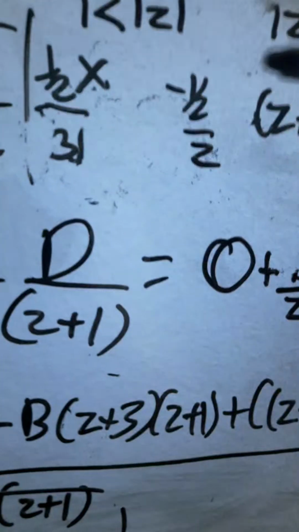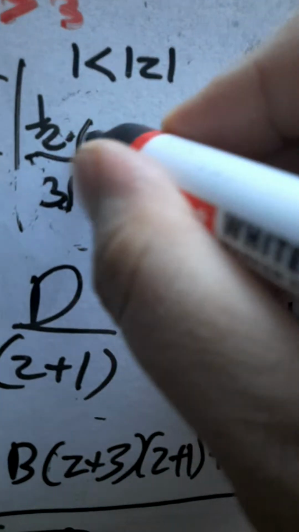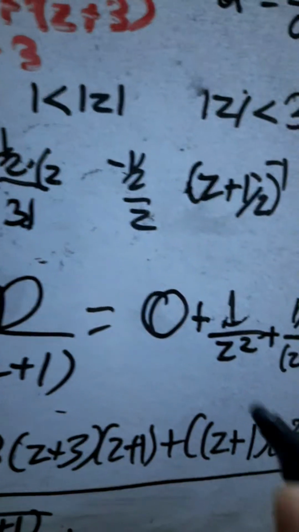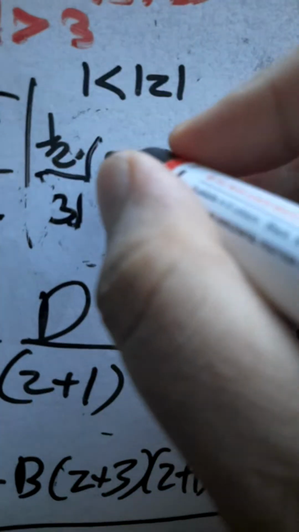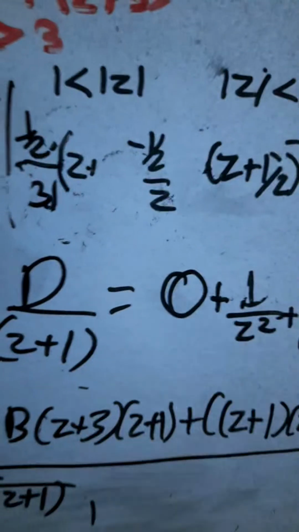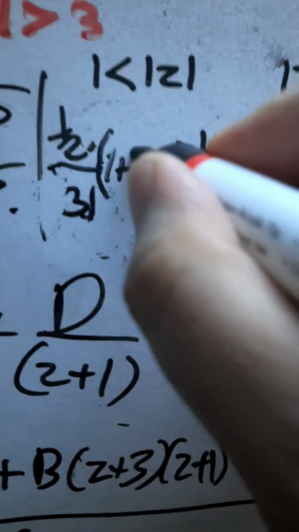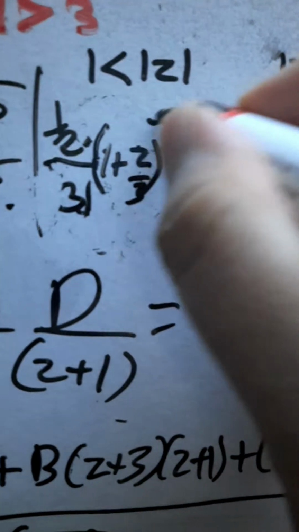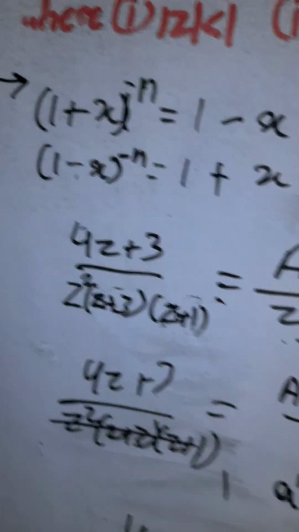So we can write it as z, z by 3, 1 plus z by 3 raised to minus 1, and we have the raised to minus n formula here.